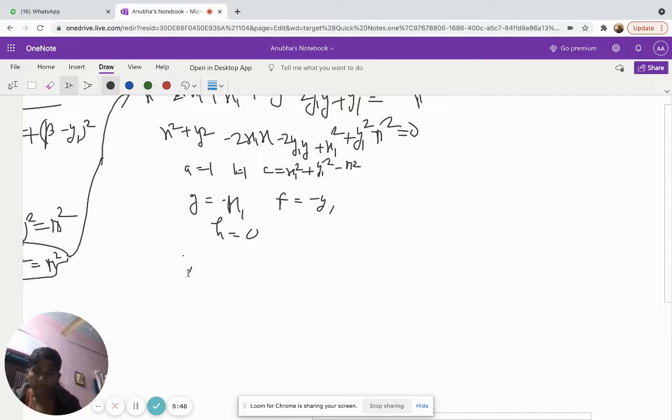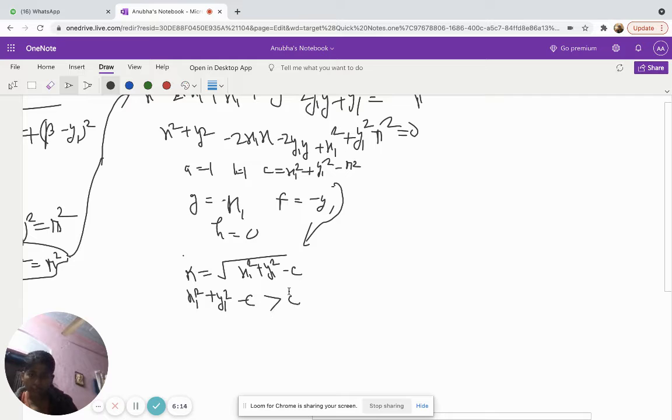So firstly, what is the radius in terms of C? Radius is equal to under root of x1 square plus y1 square minus C. From here we calculate it, and the radius must be a real number. So x1 square plus y1 square minus C must be greater than 0.